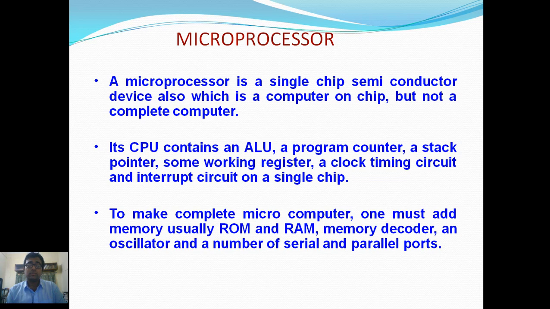Suppose a specific work has been going on in the processor. Now there is an immediate need to do another job. That's where we use the interrupt circuit, through which we interrupt that active work.